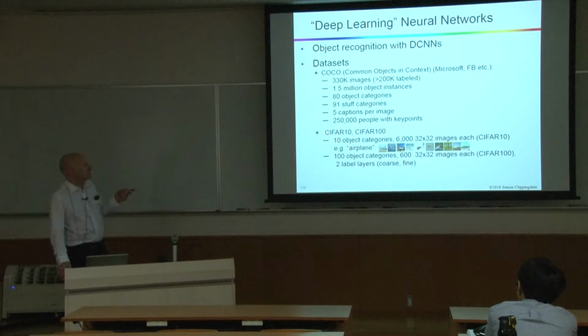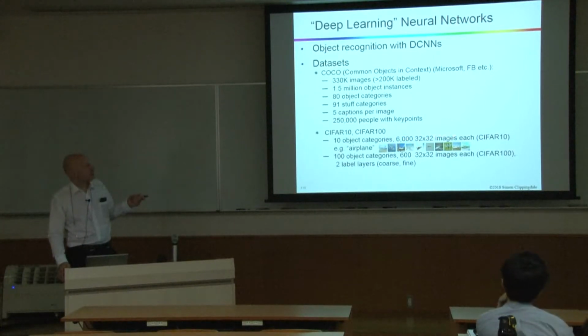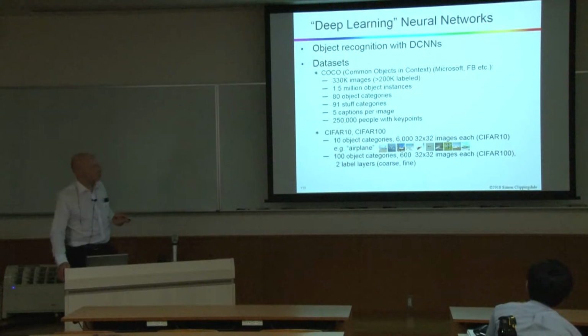Other recent data sets are these two variants of the so-called CIFAR data set, using 10 object categories, and they use rather small images, 32 by 32 pixels. There are 6,000 images for each category.